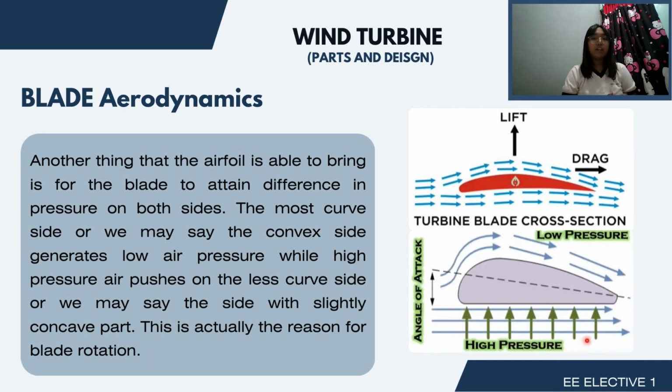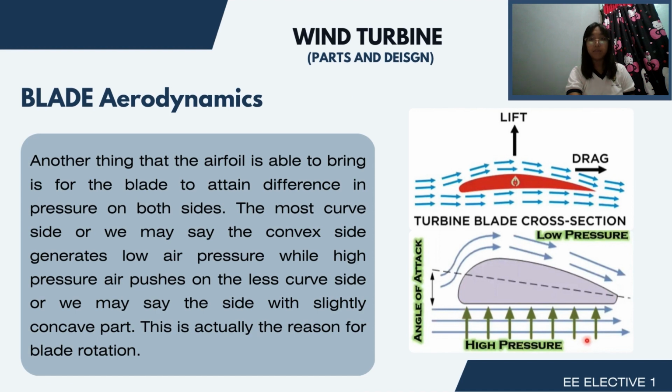Another thing that the airfoil is able to bring is for the blade to attain difference in pressure on both sides. The most curved side, or we may say the convex side, generates low air pressure while high pressure air pushes on the less curved side, or we may say the side with slightly concave part. This is actually the reason for blade rotation.